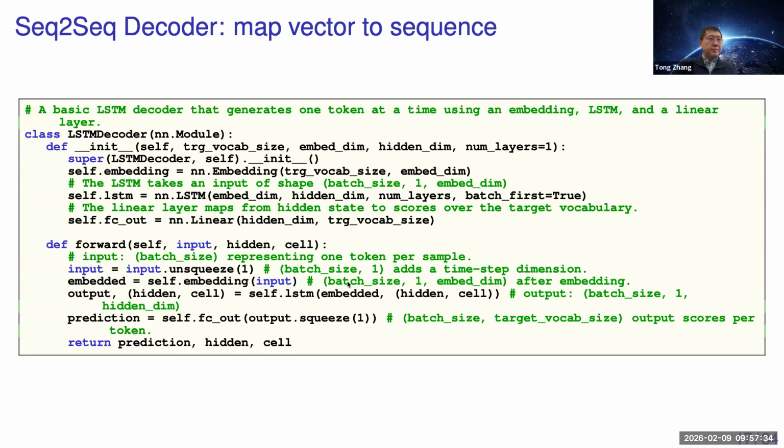You take the hidden cell and generate the next hidden cell, and so on. So you just iterate. This is one-by-one generation. The decoder is usually used for generation, and the encoder is used for representation. That's very typical.